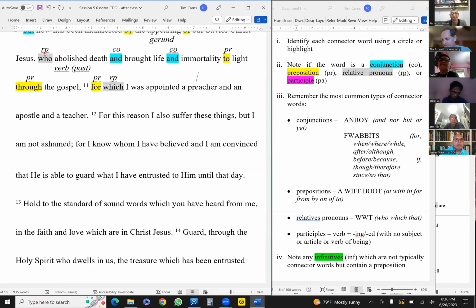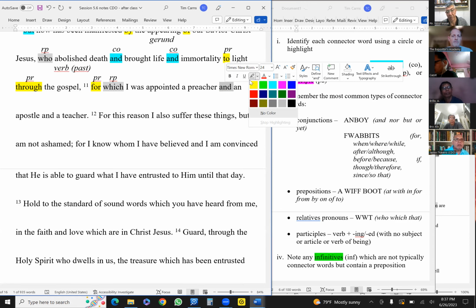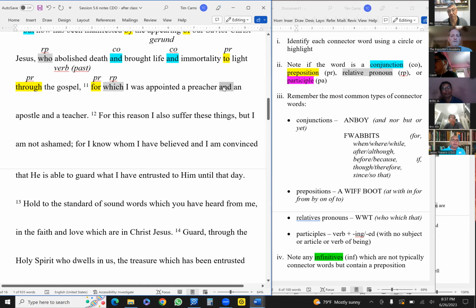Any others? The two "and"s. Yes. What kind of connector word are those? Conjunction. Yes, good.